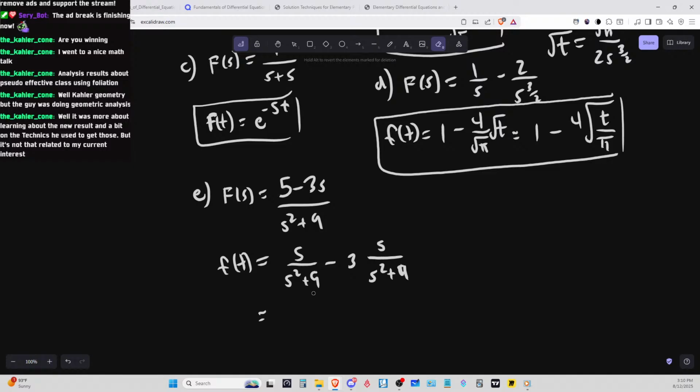For cosine and sine, this term has to be the square root of 9, which is 3, which means a has to be 3. So this one right here is definitely cosine.